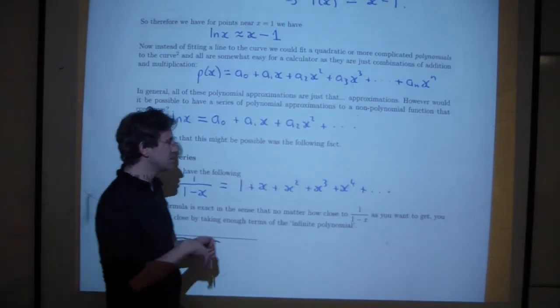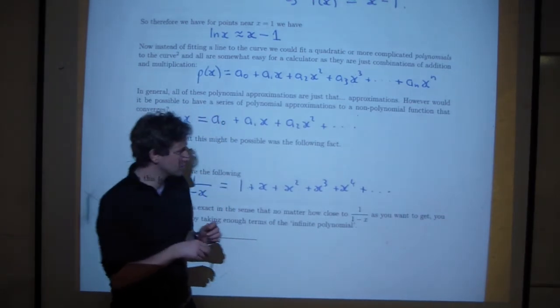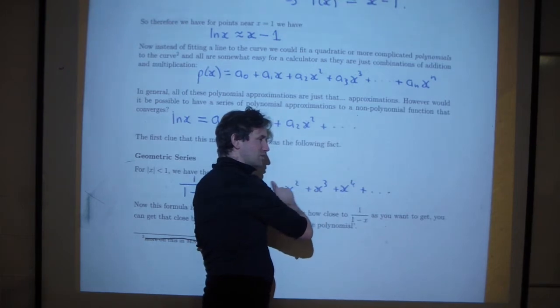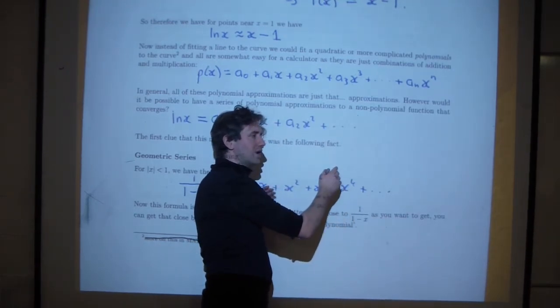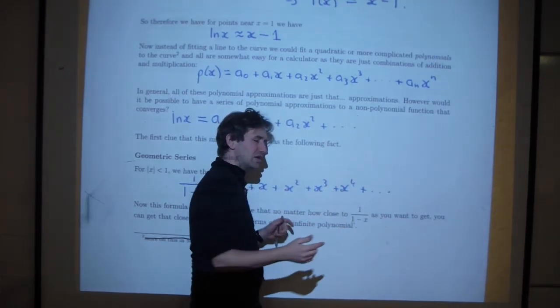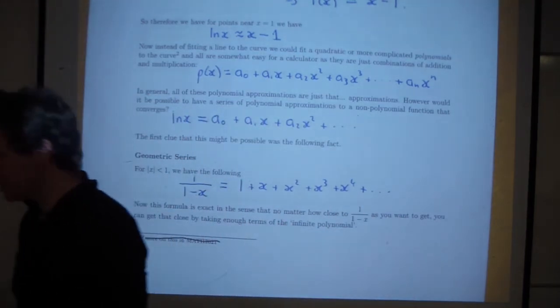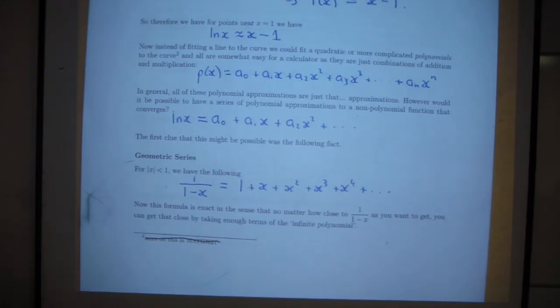Well, I won't do it because I'm not so sure how to do it exactly, but you can come up with a number such that if you add up enough of those and put in x equal to a half, you will be equal to 2 to whatever, 17 billion or whatever decimal places. So no matter how close you want, you can get that close by taking enough terms of the infinite polynomial, which we call a power series. Okay.